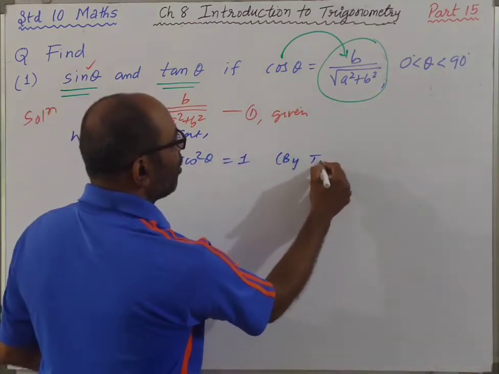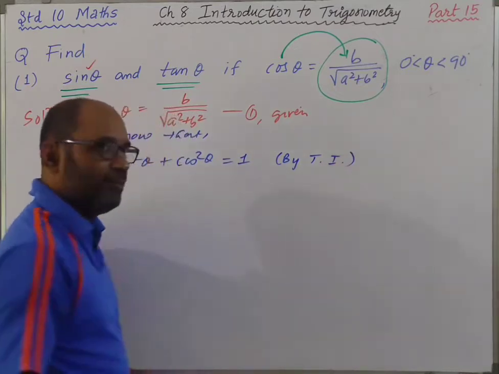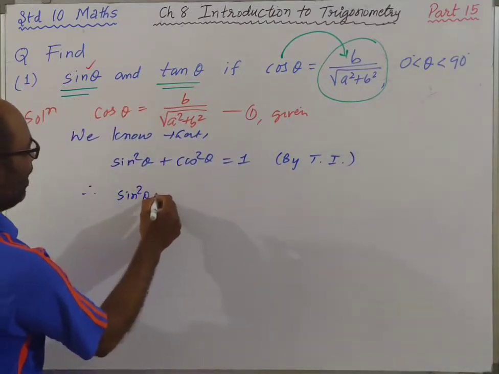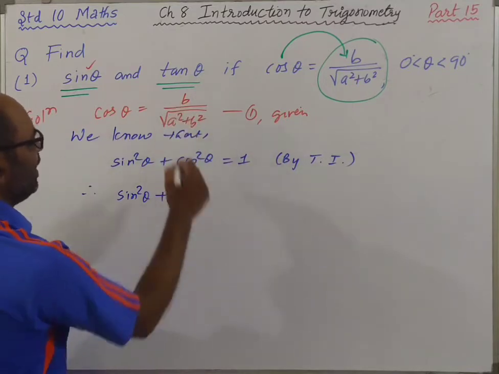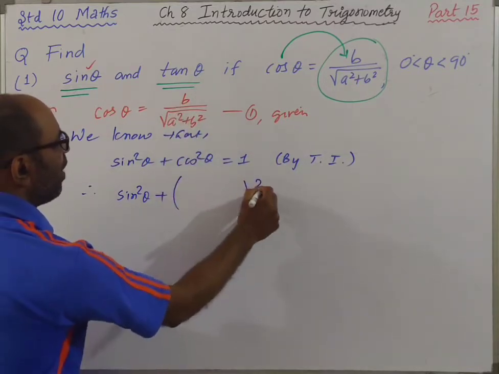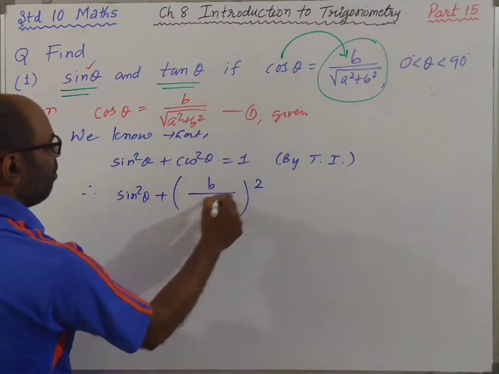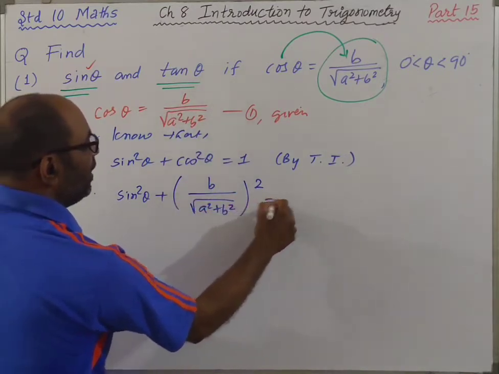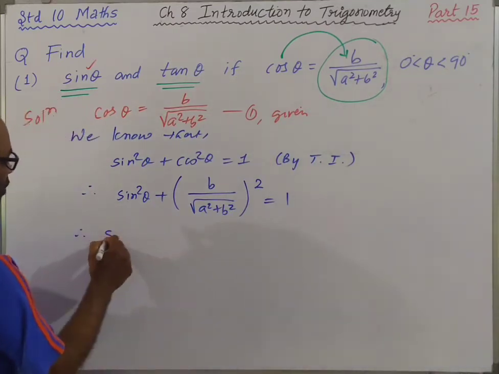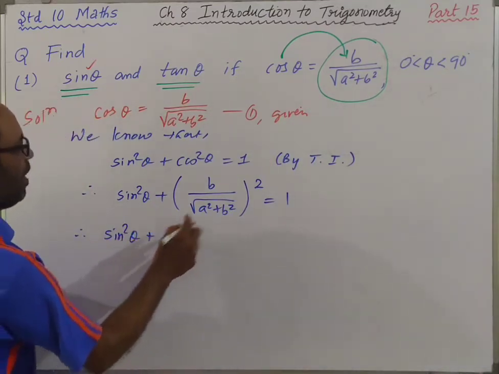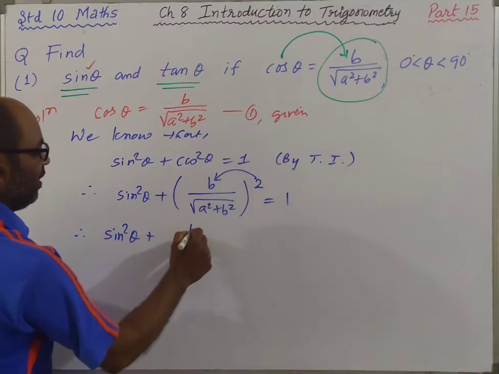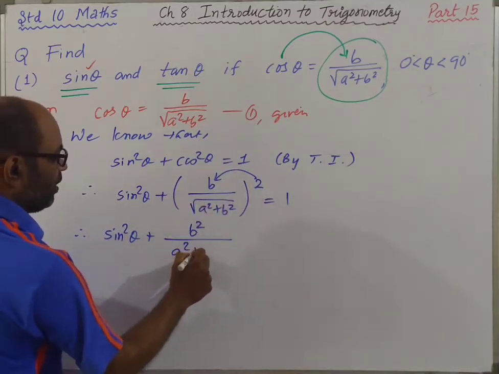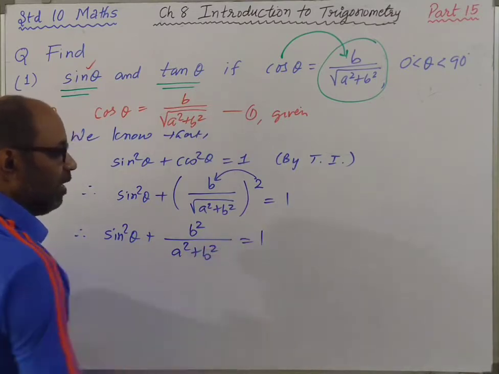Therefore, sin square theta plus, whole square of b upon square root of a square plus b square, is equal to 1. Therefore, sin square theta plus b square upon a square plus b square is equal to 1.